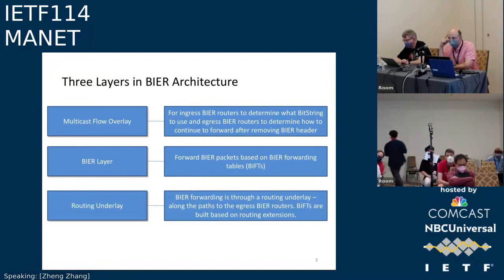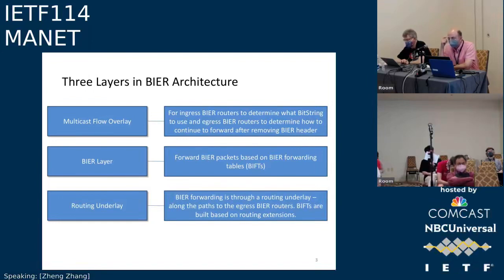The control of the multicast packet among the ingress and egress routers is called the multicast flow overlay. The ingress router encapsulates the multicast packet with a BEER header and the necessary outer encapsulation, for example, MPLS, Ethernet, or IPv6. The egress router removes the BEER header and associated outer encapsulation, and forwards the multicast packet to the receiver or the next hop router.